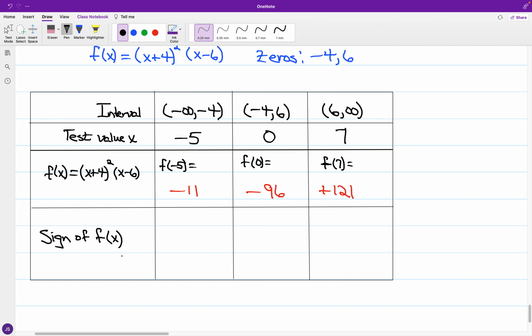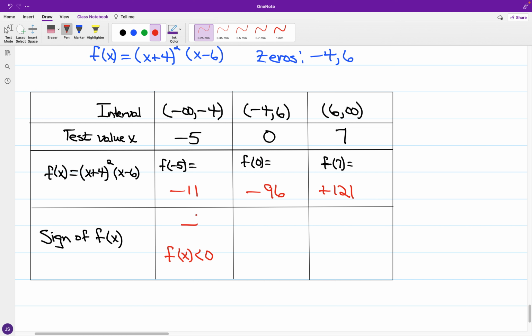Okay, now for the sign of f(x), anything less than -4 selected for the input, the output is negative. So we have that f(x) is less than 0. And notice, we've been on a pattern, like negative leads to a positive, which leads to a negative, which leads to a positive. But guess what?